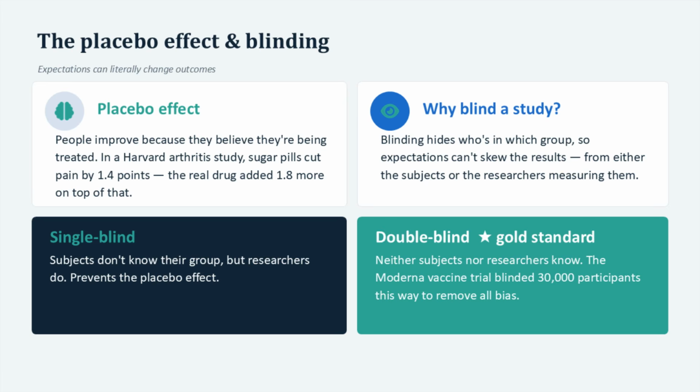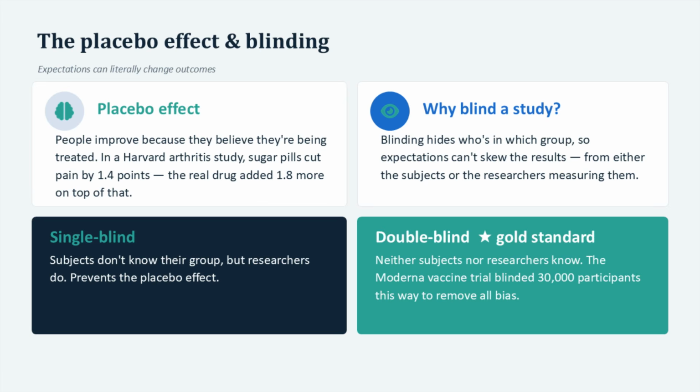For example, large vaccine trials, including the Moderna COVID vaccine trial, used blinding with tens of thousands of participants. Now, why does the double-blind part matter? Because it's not only the participants who can have expectations. Researchers can have them too.